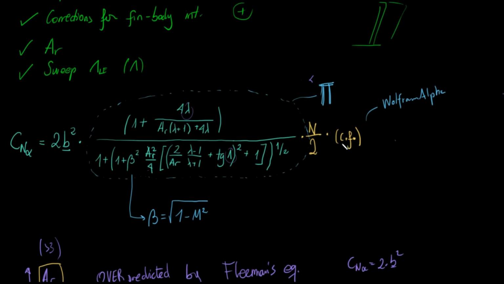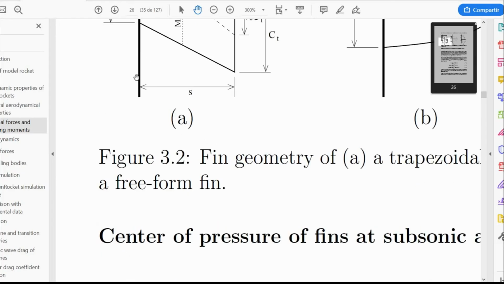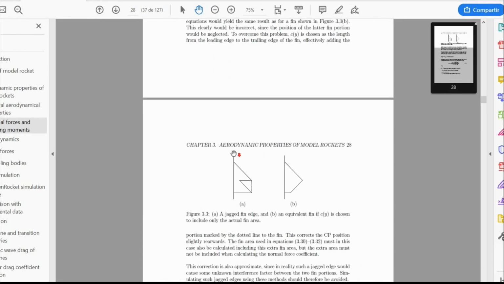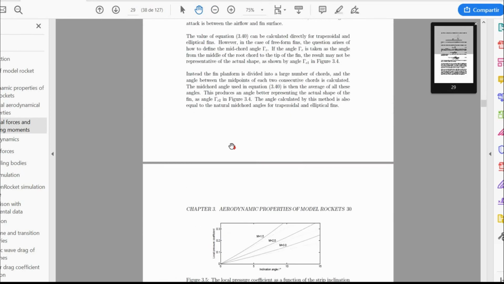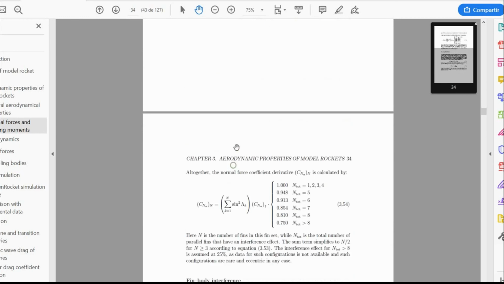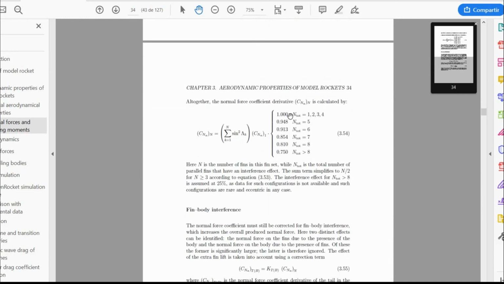And remember this. I don't know what CF stood for, but this depended on whether we had 3 or 4 fins. This is equal to 1. If we have 5, well, it's those parameters we found here.